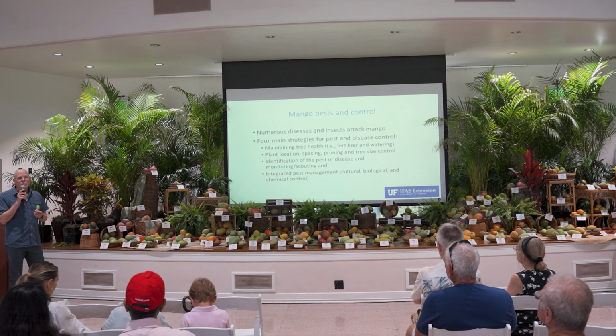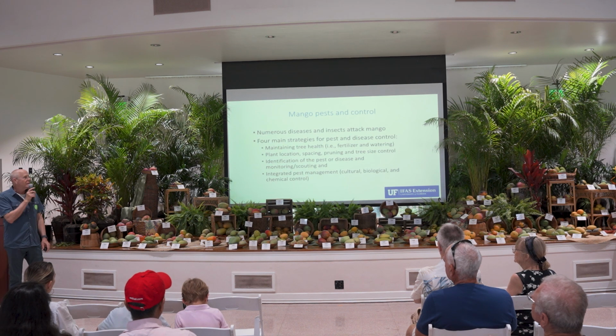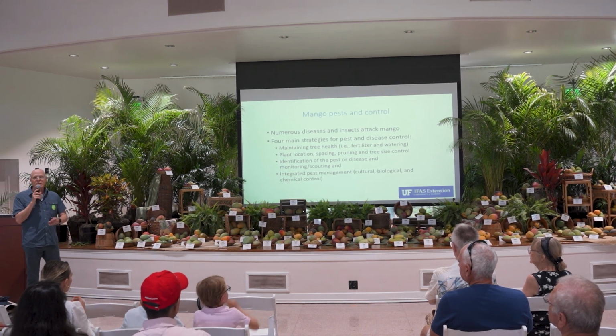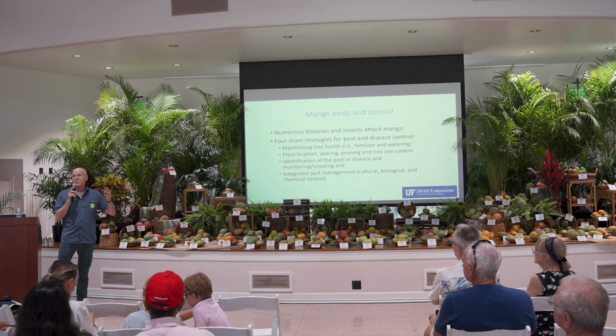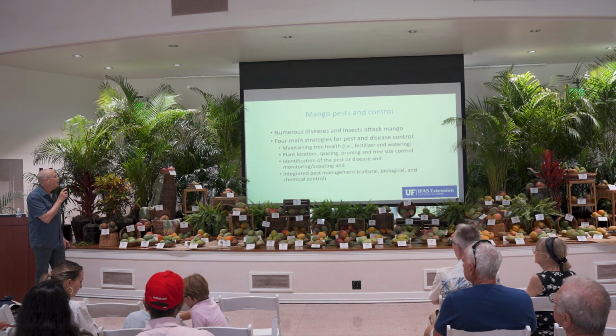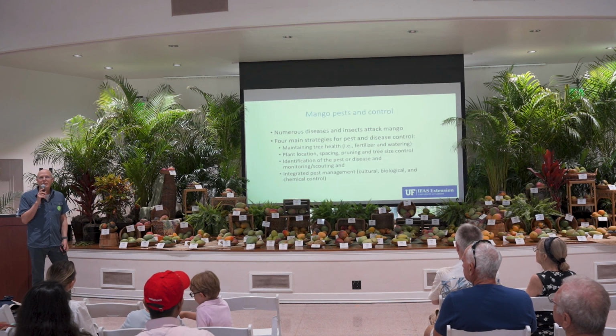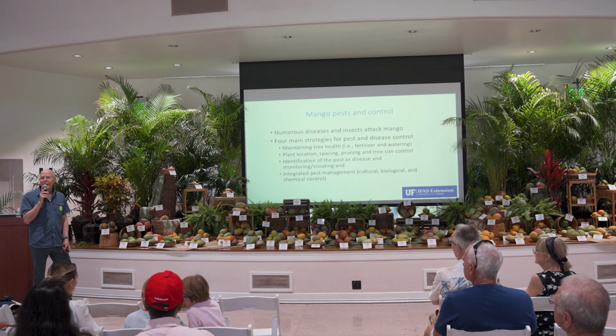So plant location, where in the landscape do you want to plant the trees? The spacing of the tree away from other plants, other trees, and structures, things like that. And then pruning the tree and maintaining the size of the tree to open it up to light and air movement will help that tree dry off quickly.